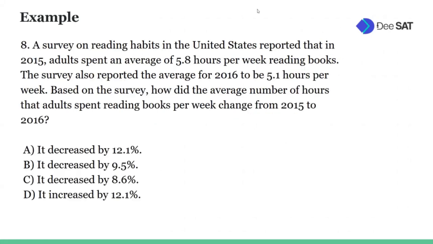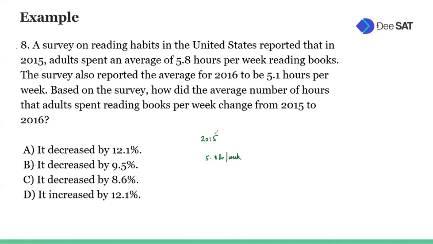Now let's have a look at this particular question. This says a survey on reading habits in the United States reported that in 2015, adults spent an average of 5.8 hours per week reading books. So in 2015, 5.8 hours per week is being spent by adults on reading books.